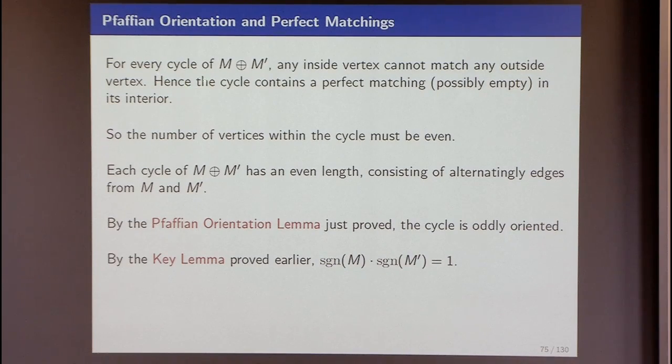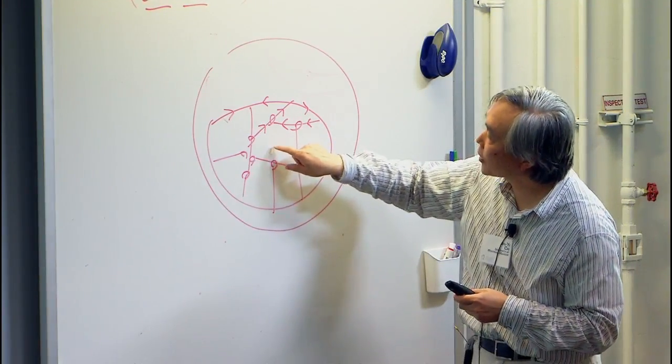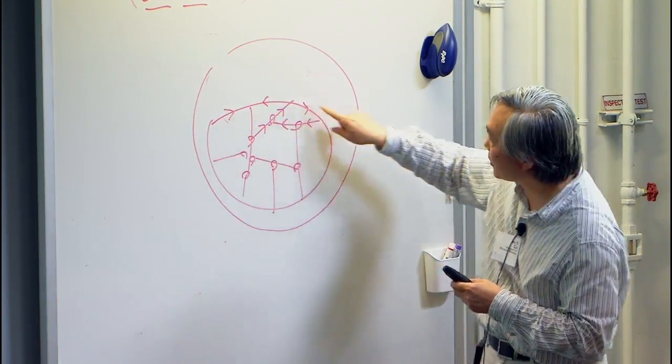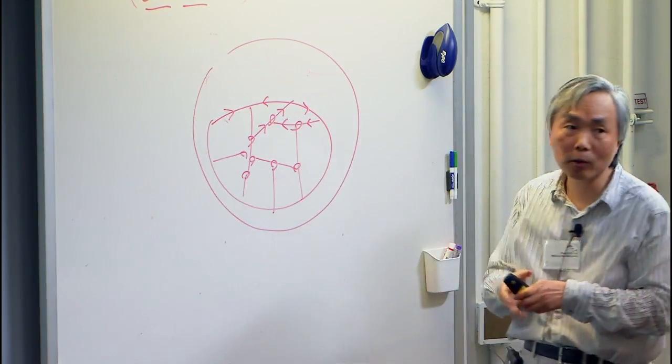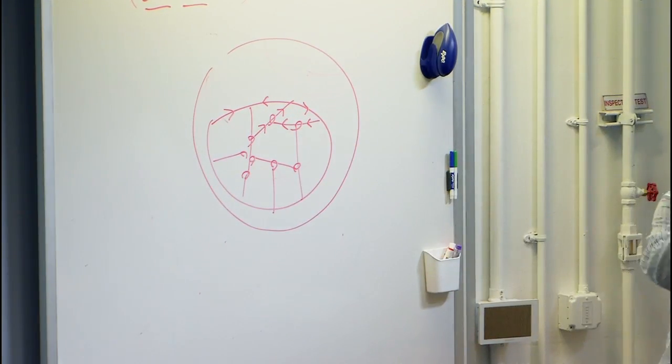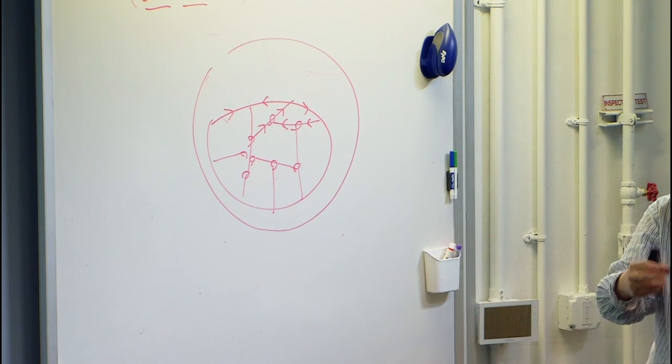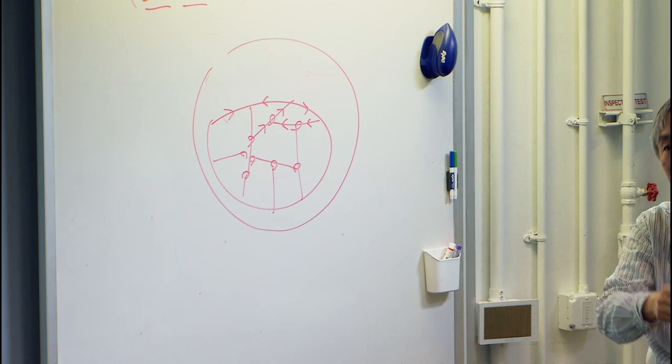So you're given two perfect matchings. Because it's a perfect matching in a planar graph, the vertices inside cannot match outside, because this is a cycle that's made of the alternating edges. You take two perfect matchings, you do the XOR, remember? Okay? So when you do the XOR, then the vertices inside cannot be matched outside.